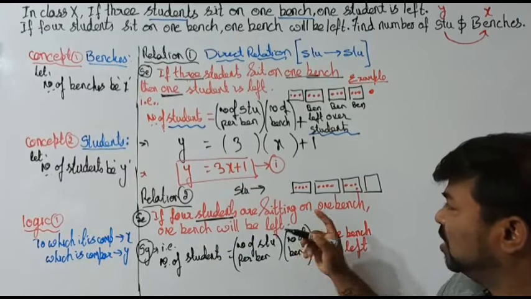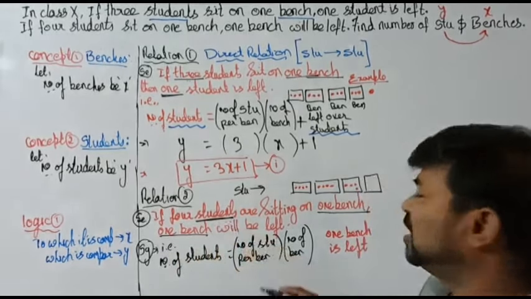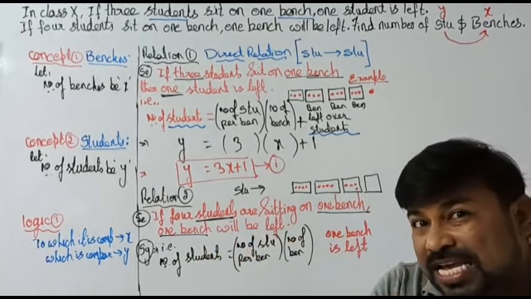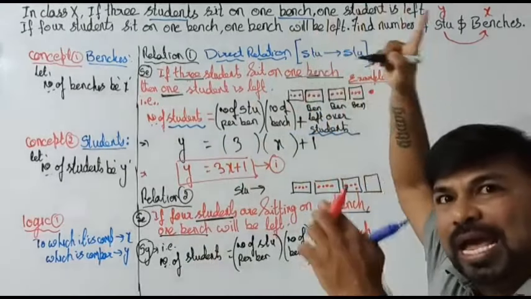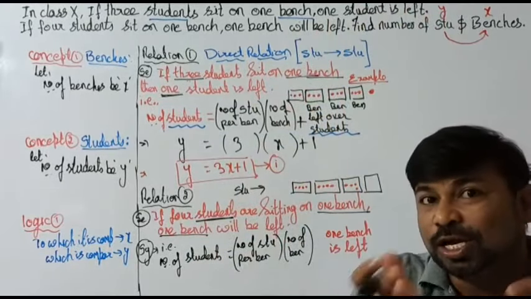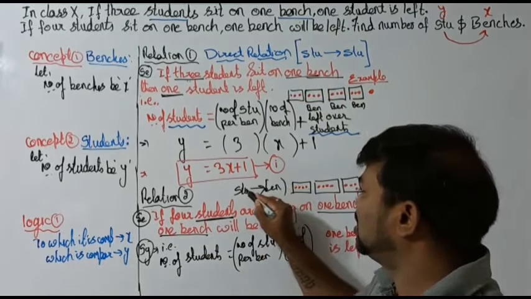But he has given students and benches. He is saying 1 bench will be left over. He has given the relation between the students and the benches. In the question it is student and student, whereas here he has given student and benches. The relation is between this.